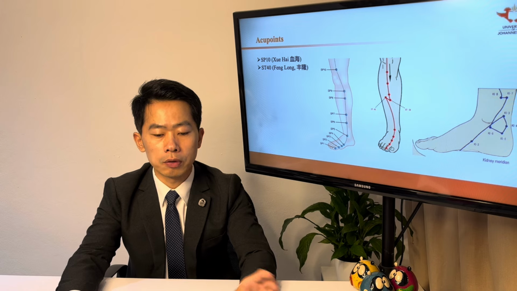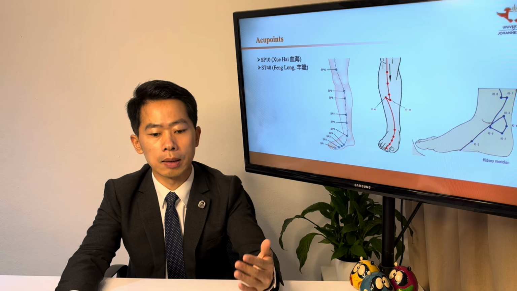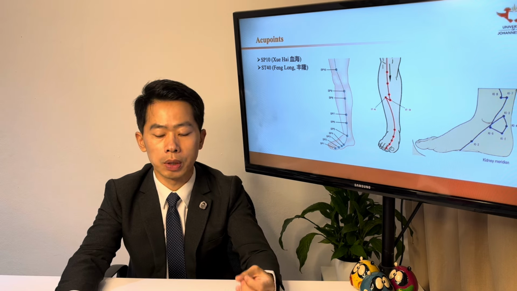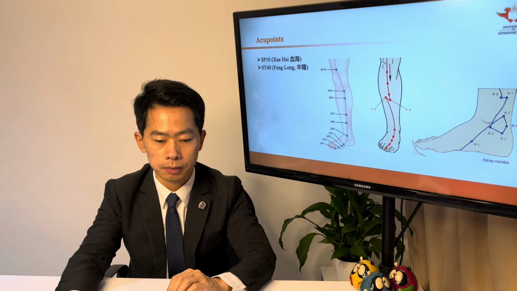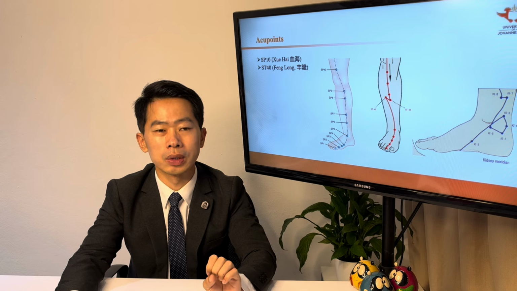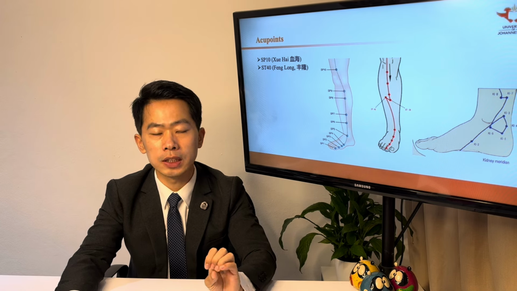Stomach 40, there's not too much explanation for this. The reason I mention it here is because this point is important and you also need to practice it more. Stomach 40 is one of the most important points to clear phlegm. No matter whether it is visible or invisible phlegm, you can use it.